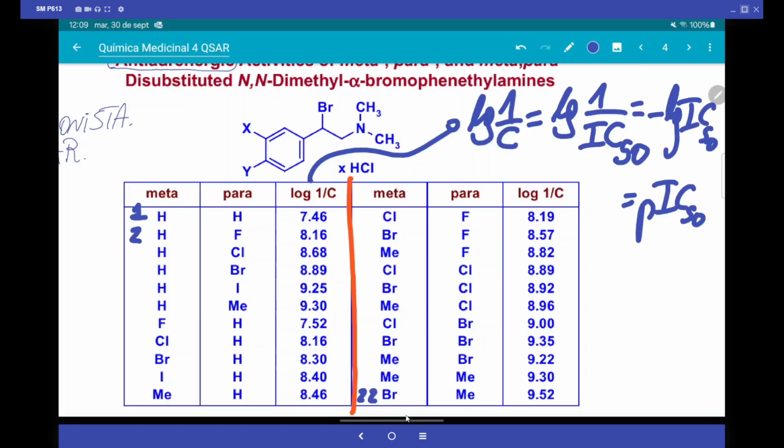I already know that you understood this. Look at the fragments. They are hydrogen, that is, hydrogen means not having anything, no fragments, in other words, chlorine, bromine, iodine, methyl. Ask which of all these 22 is the most powerful as an antagonist, the one that has the greatest efficacy.